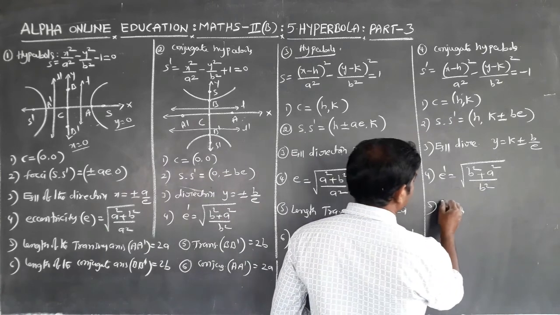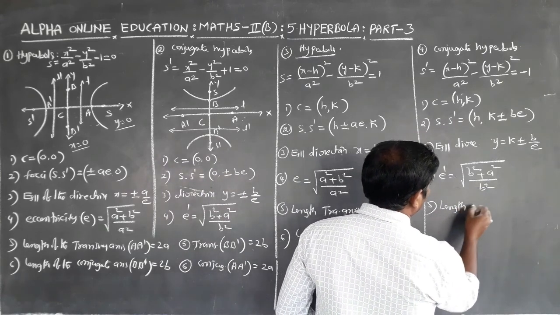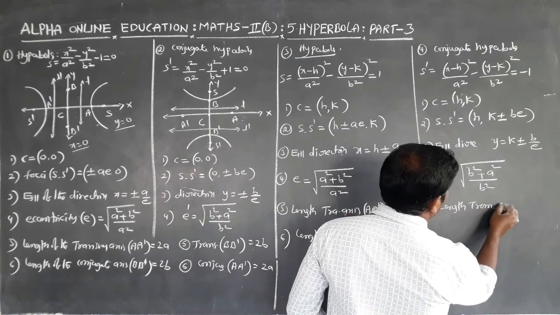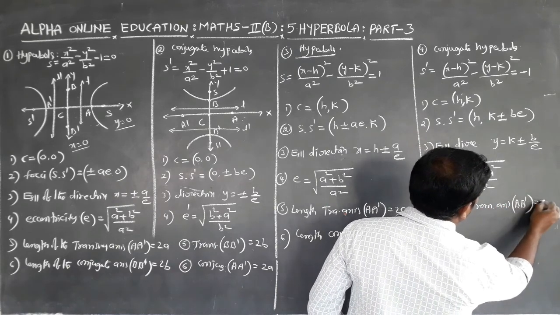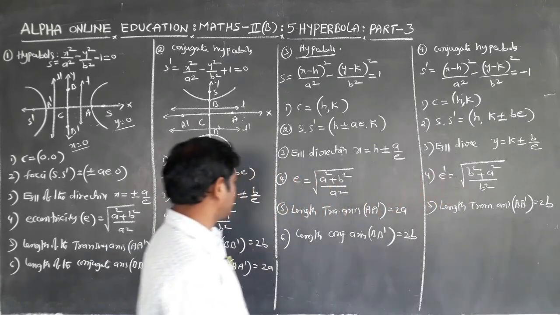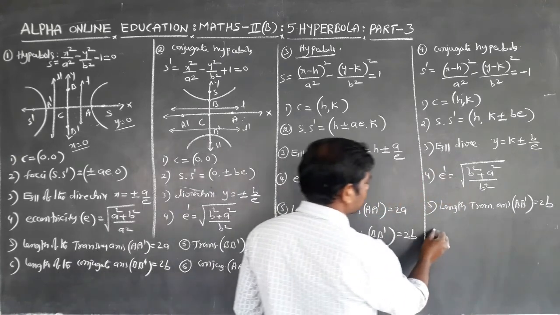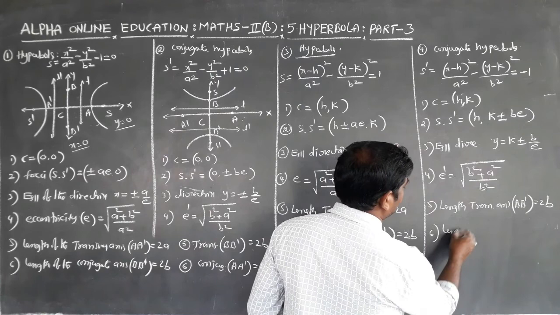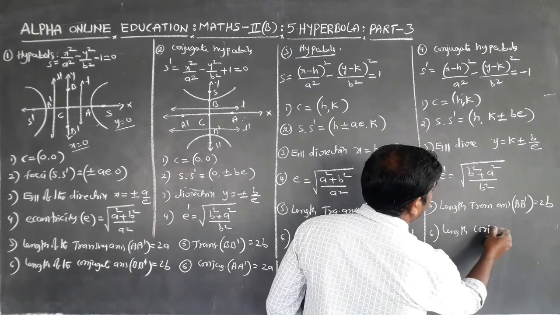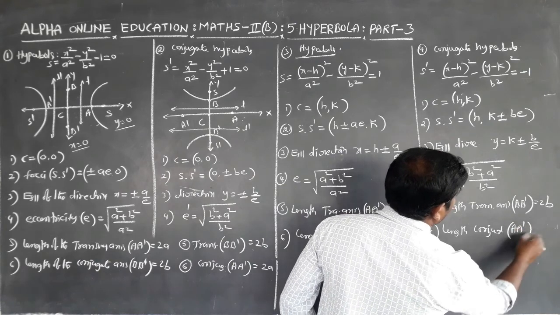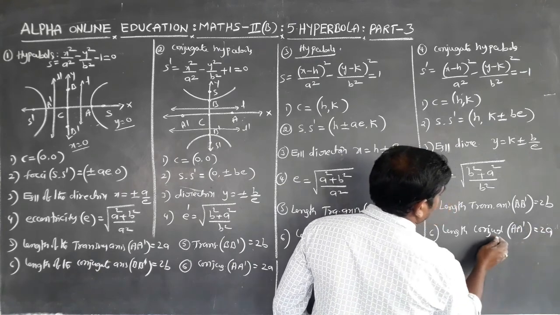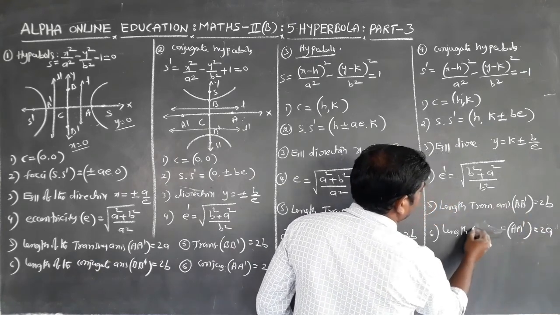Next one is length of the transverse axis, b dash equal to 2b. Next one is length of the conjugate axis, a dash is equal to 2a.